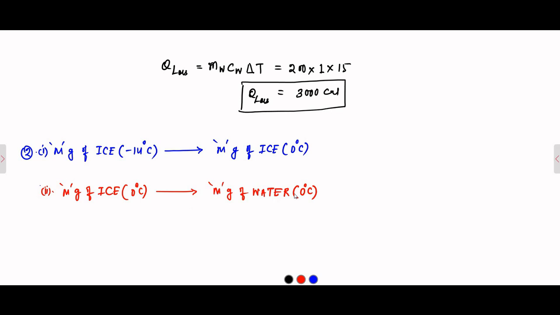Okay, m grams of water at 0 degrees Celsius. And then we have the m grams of water at 0 degrees Celsius, which will increase to m grams of water at the final equilibrium temperature, that is 10 degrees Celsius.